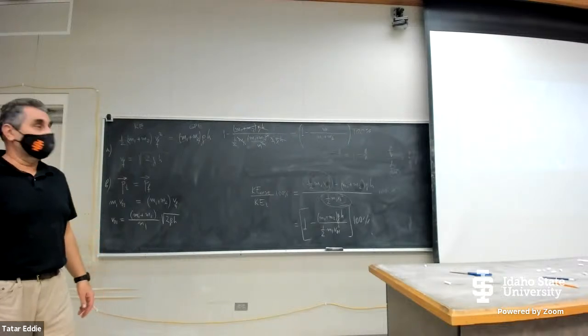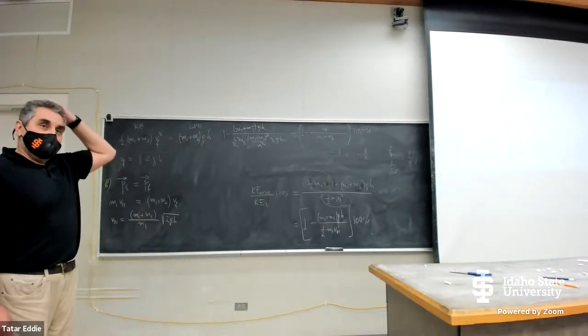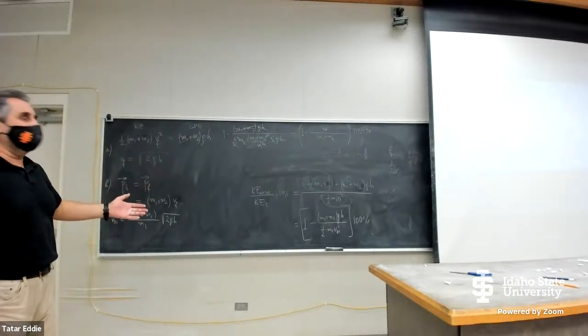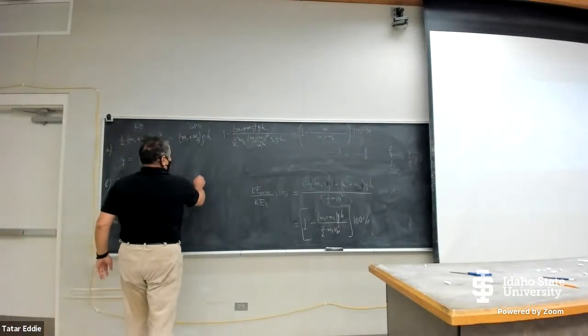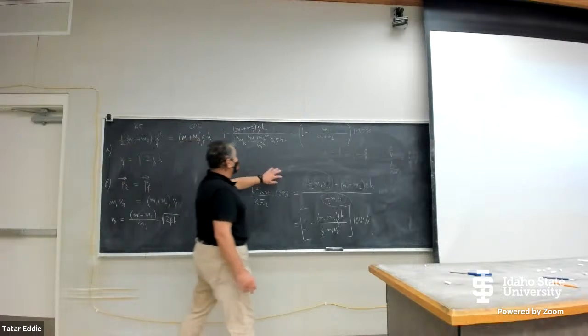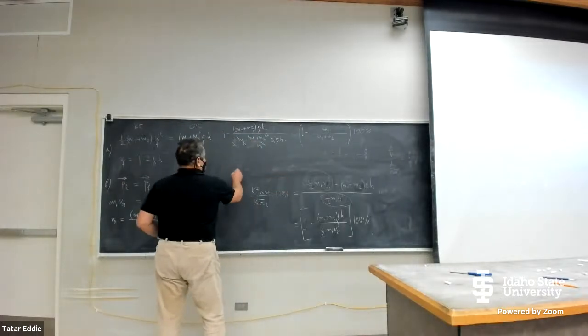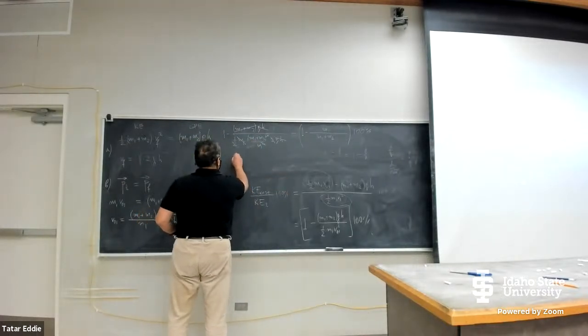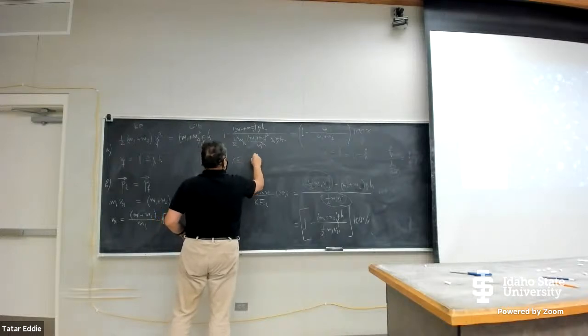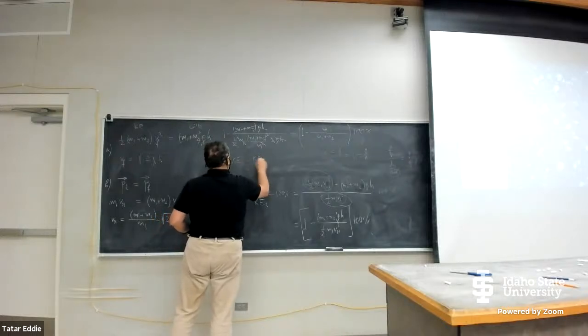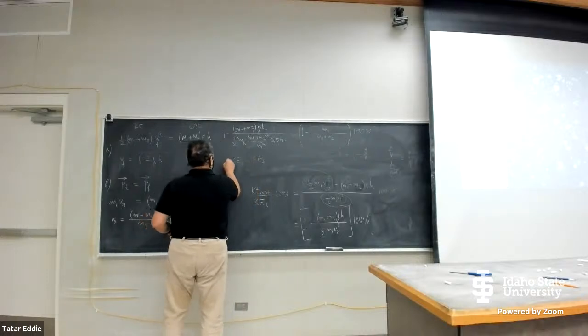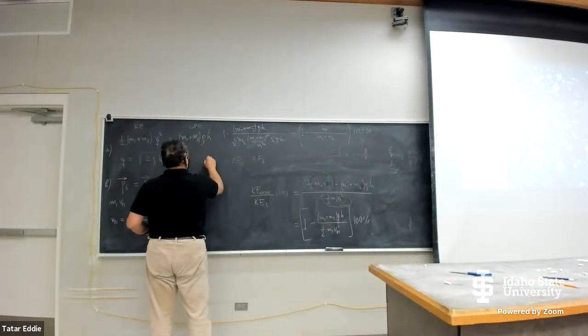To find the energy that remained, you can just find the energy lost and subtract it from 100. Well, it just is easier to say: energy lost is what? Energy lost is kinetic energy initial minus kinetic energy final. So this is your kinetic energy lost.